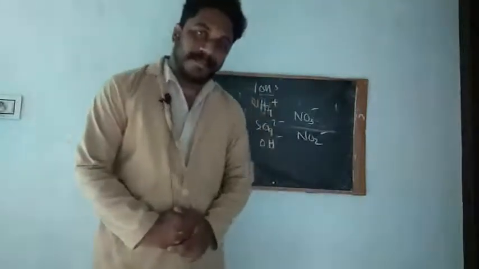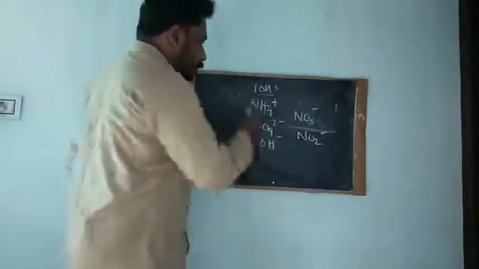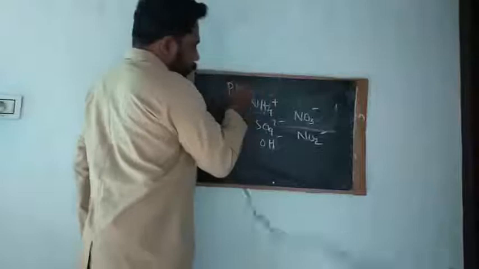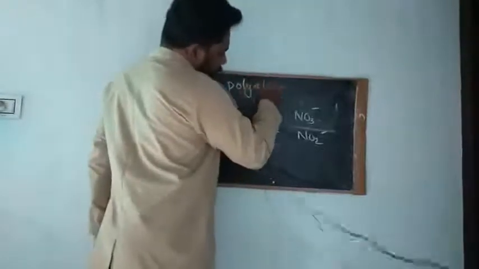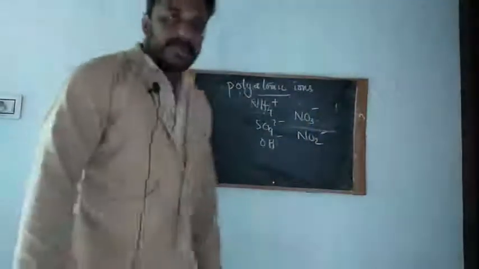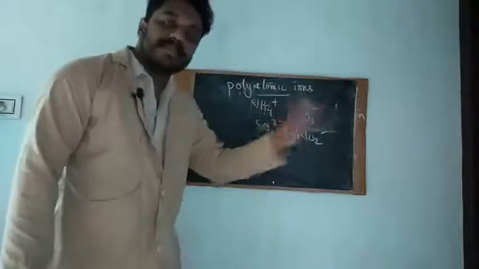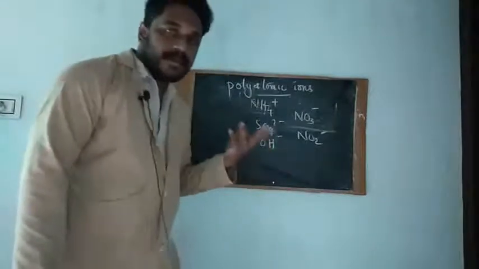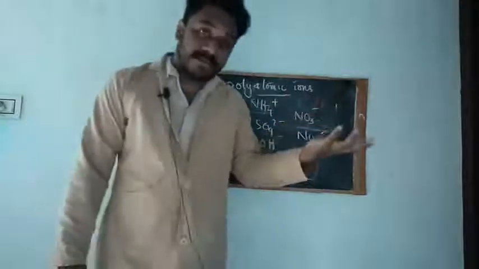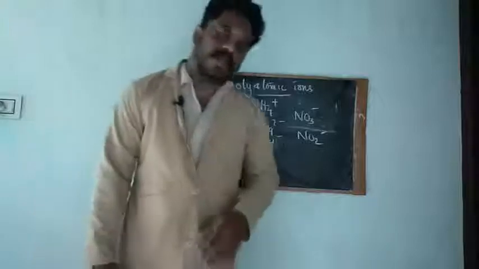Polyatomic ions, okay. Different atoms combine together to form a molecule, right? And if the molecules are charged, they are called polyatomic ions.